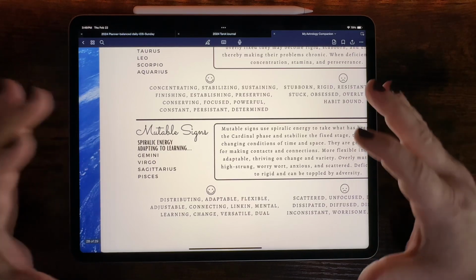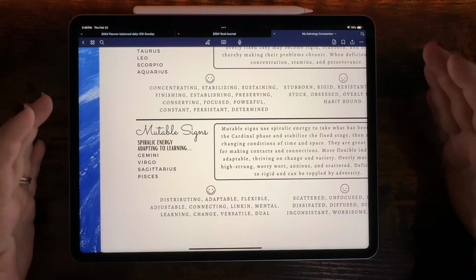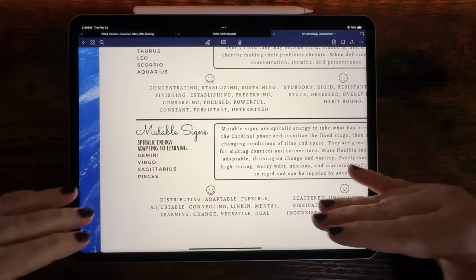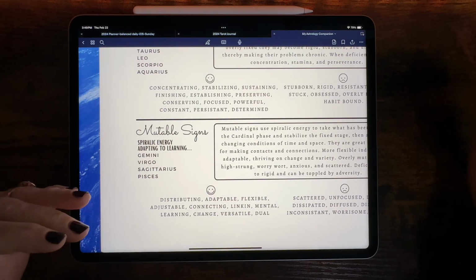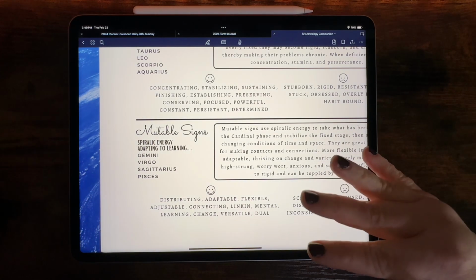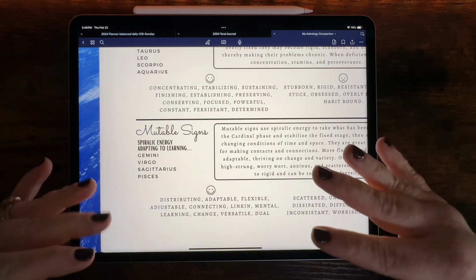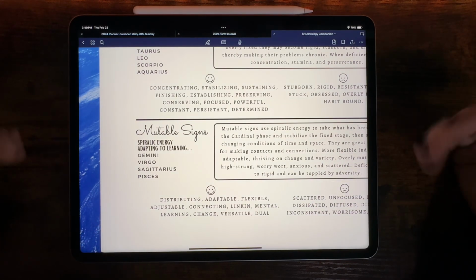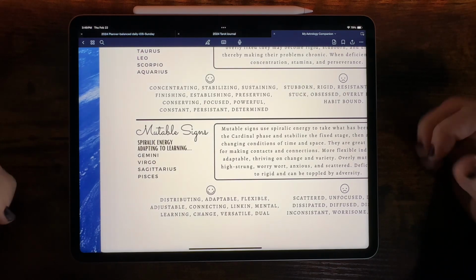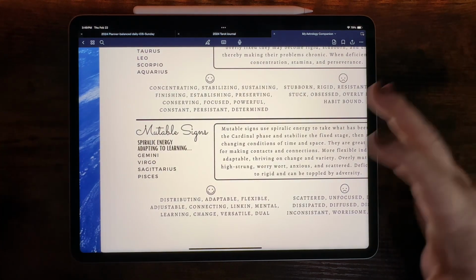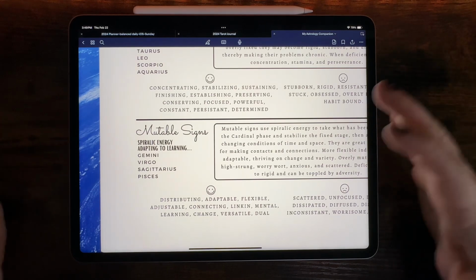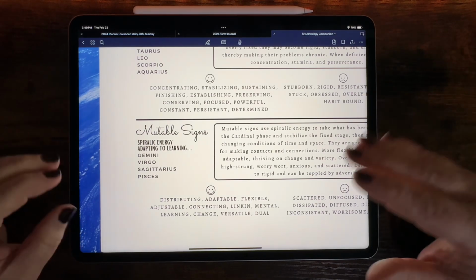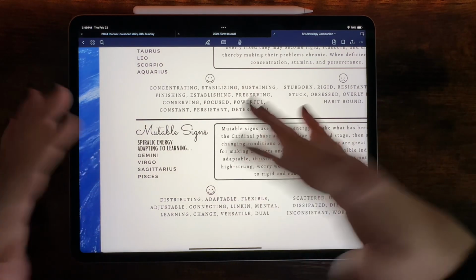Mutable signs are the signs that are leaving the end of the season and ending around the beginning of a new season. So they're more fluctuating. It's easier for them to go through change, and they are like the mediators between the beginning and the middle because they are, as the name says, mutable.